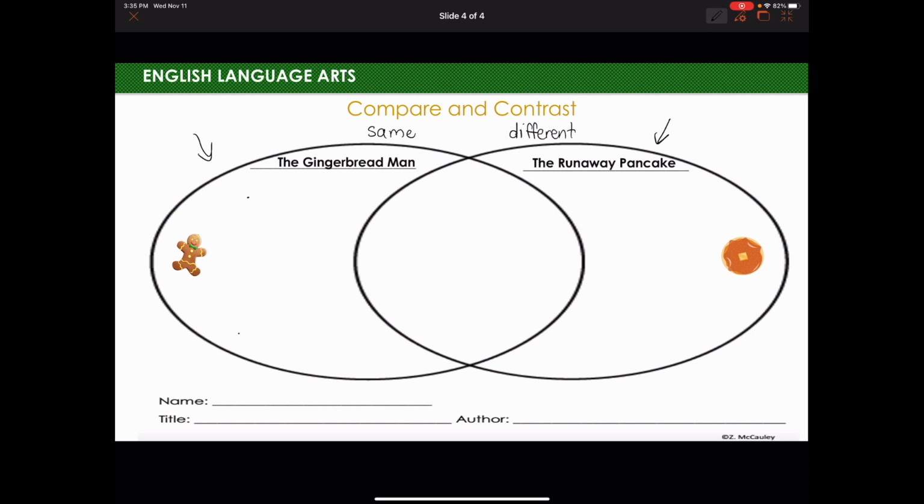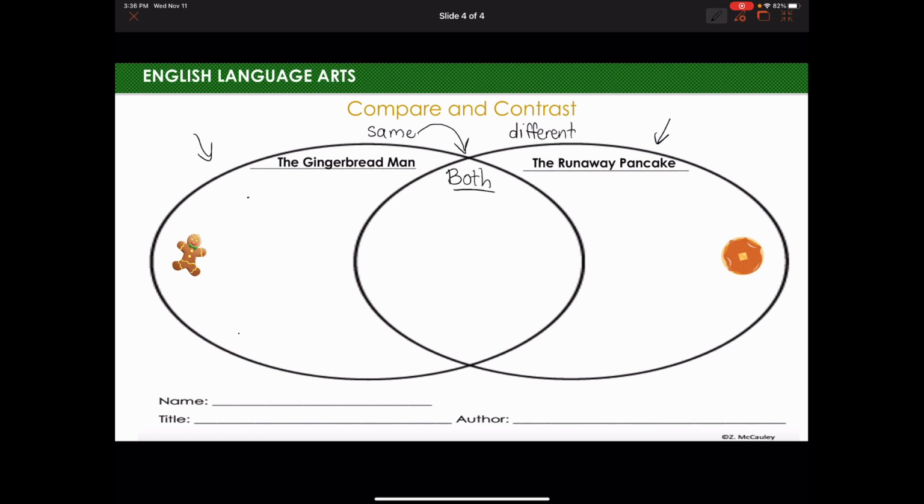So what I'm going to do is read two stories to you today, and we're going to see if we can compare and contrast the characters and the events in the story. Let's see if we can tell how they are alike and different. If we're telling how they are the same, we're going to put that into the middle category.